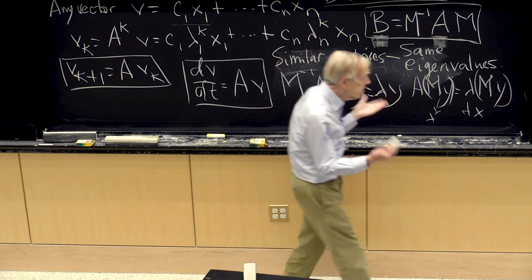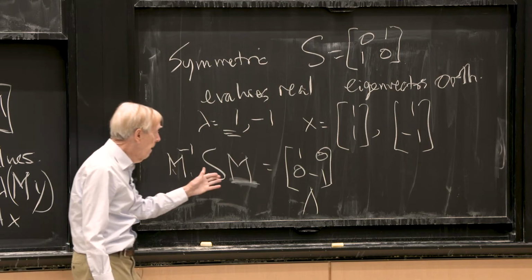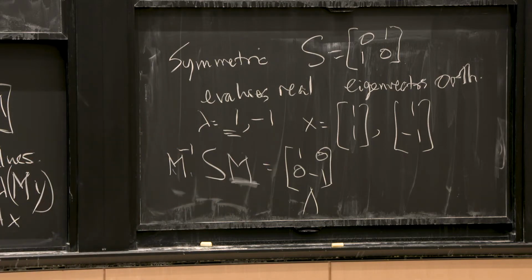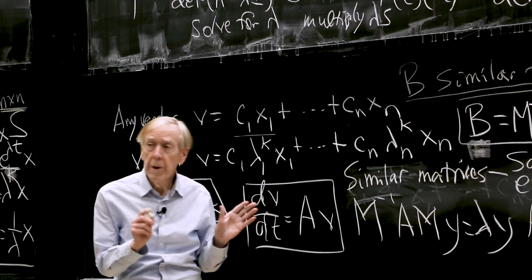And then it would also mean that I had got a diagonal matrix. And of course, that's a natural goal, to get a diagonal matrix. So we might hope that the M that gets us there is an important matrix.